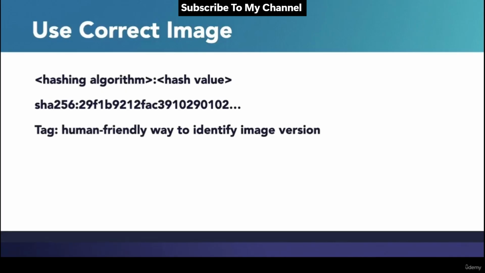But for all practical purposes, developers use another construct known as a tag. A tag is a human-friendly way to identify an image. You may have seen the latest tag used to identify the most recent version of an image.